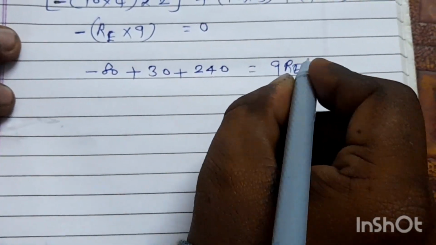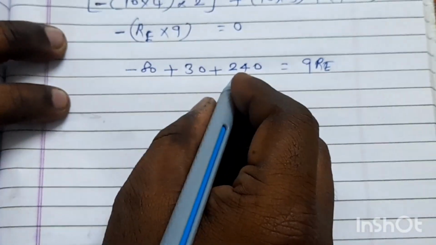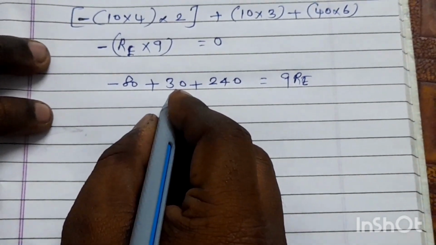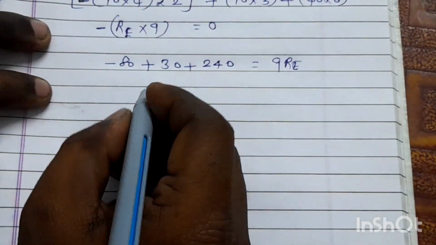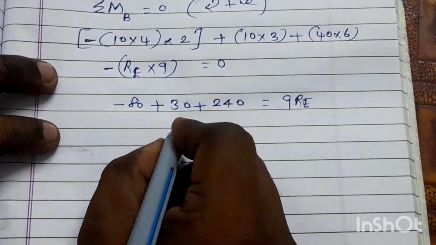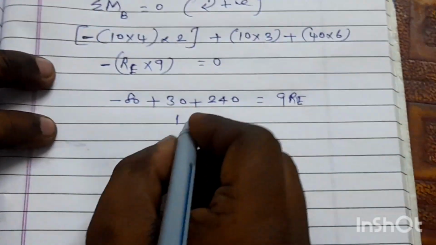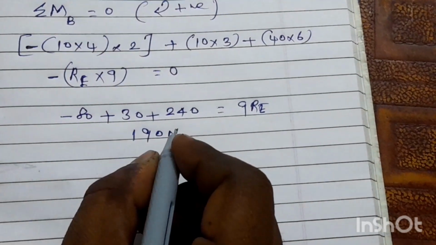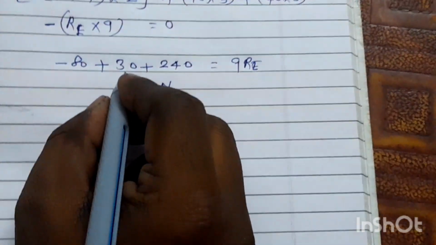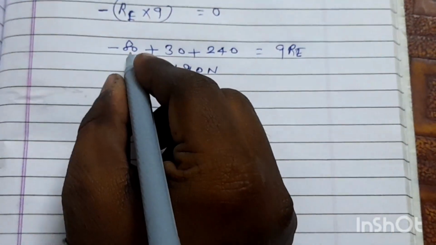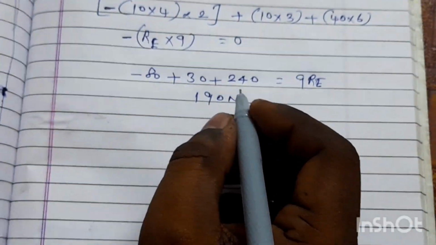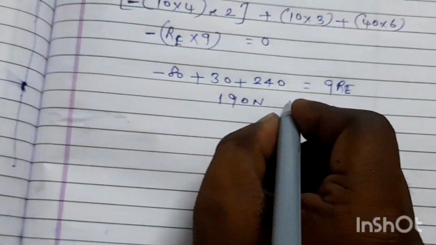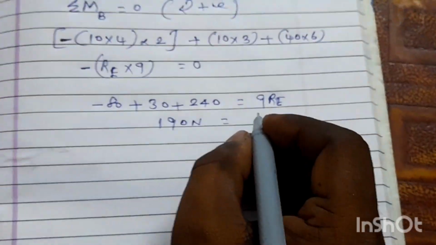Finally 240 plus 30, 270, minus 80, so 190 Newton is equal to 9 RE.